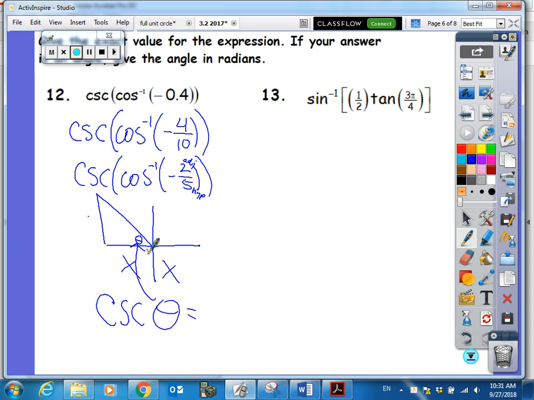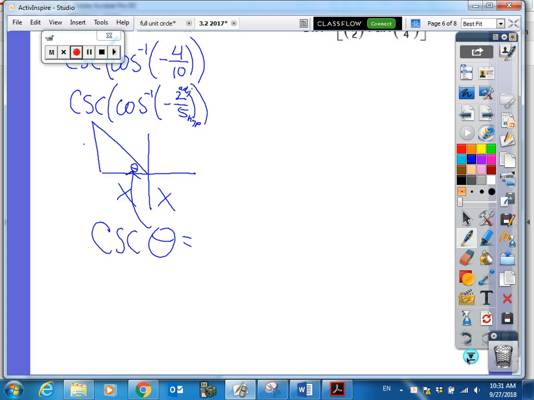Well, in order to find the cosecant of that angle, we need to know hypotenuse over opposite. So that's where these numbers come in. So the inverse cosine is adjacent, so we know adjacent is -2. We know hypotenuse is 5, according to the problem that was given to us.